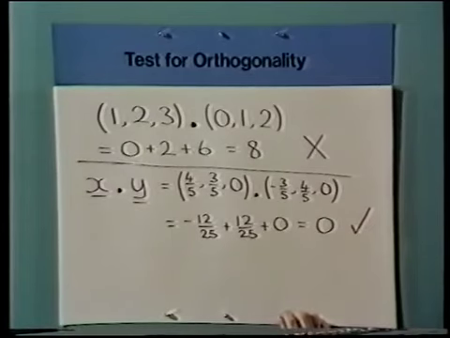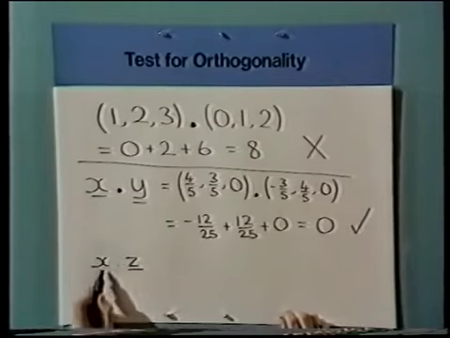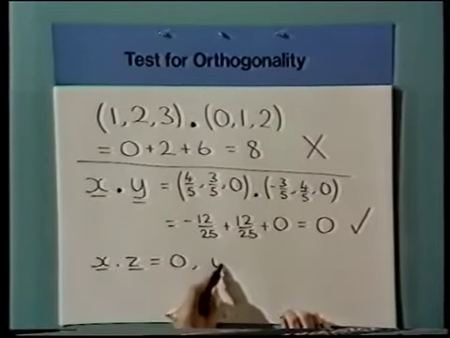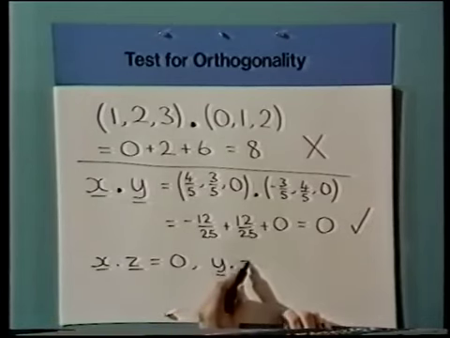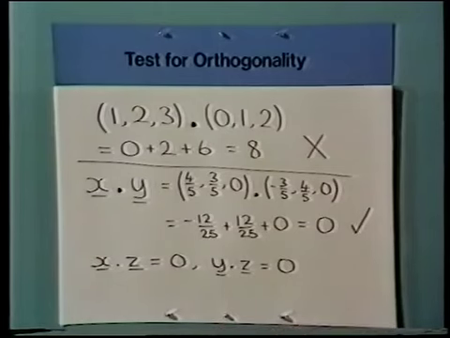And you might like to try it for yourself to check that x and z are orthogonal, and that y and z are orthogonal. It's a simple exercise we can try after the program. And what that tells us is that x, y, and z are all orthogonal, and so they form an orthogonal basis.